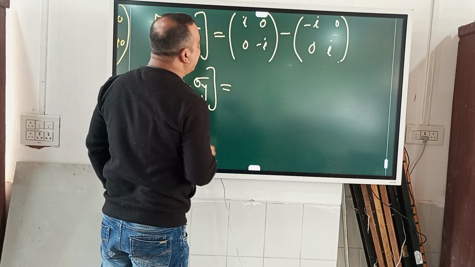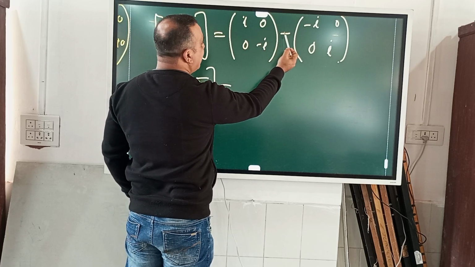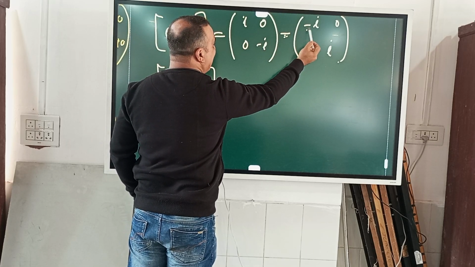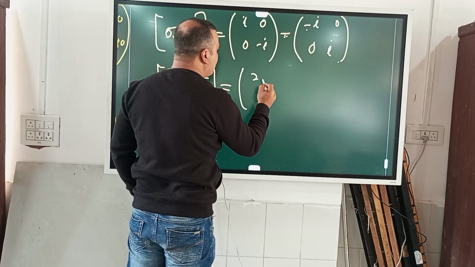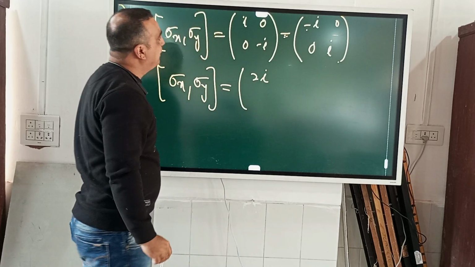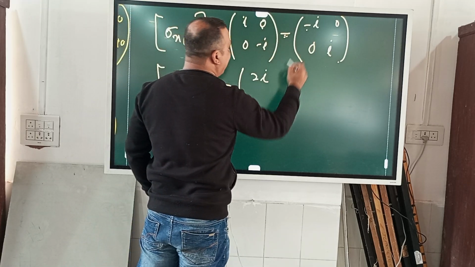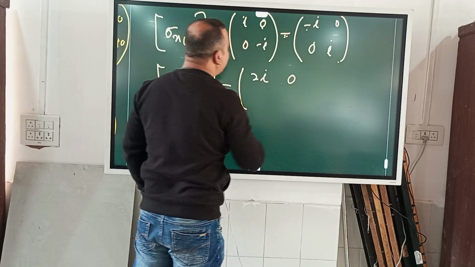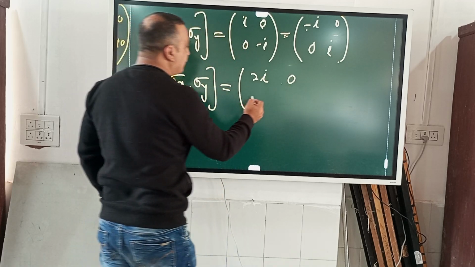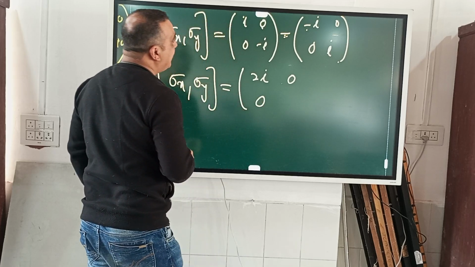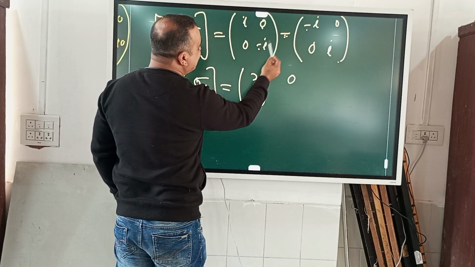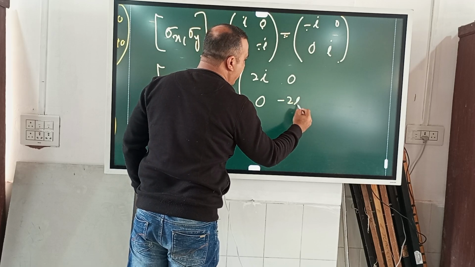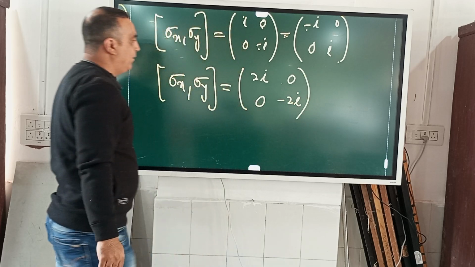So what will this lead us to? i minus minus i, so this will become plus, so you will have 2i here. And the next term, 0 added to 0, here you will have 0, and here again you will have 0. Now here what I have is minus i, and then minus i, so this will give me minus 2i. Alright?